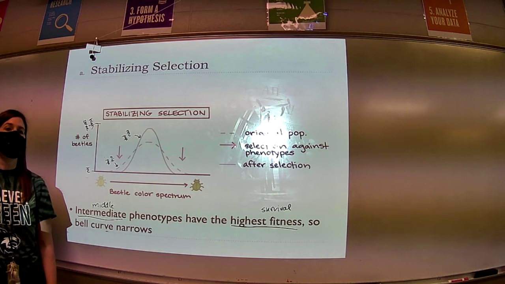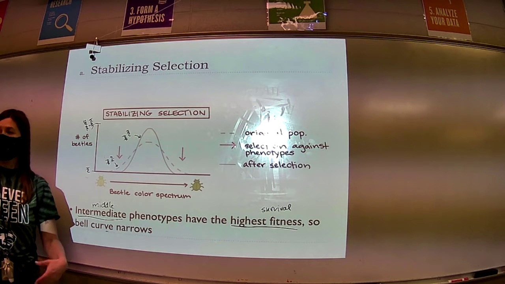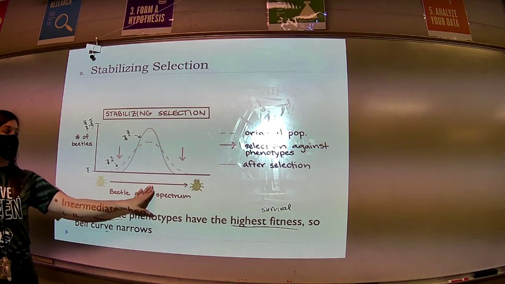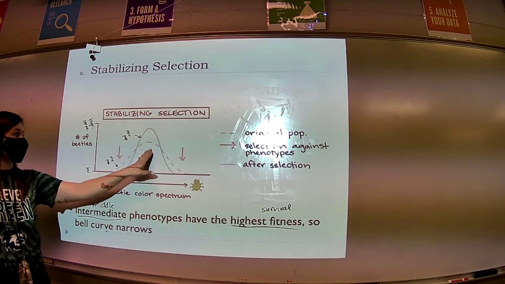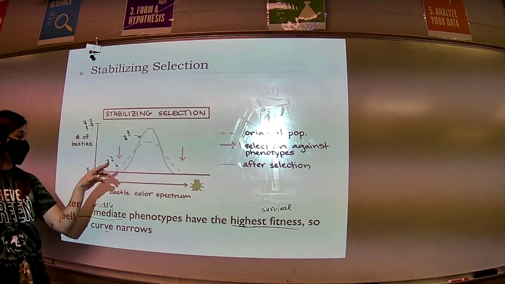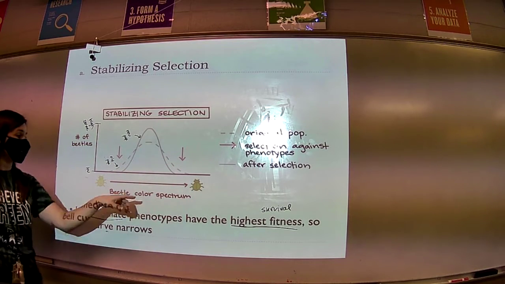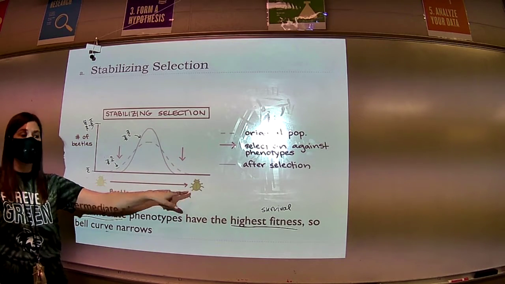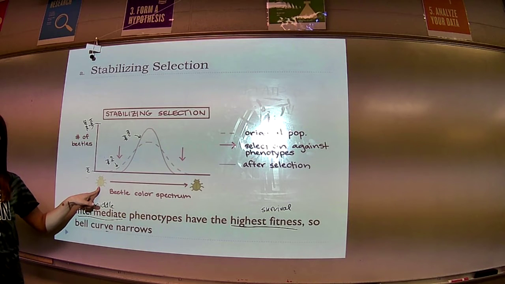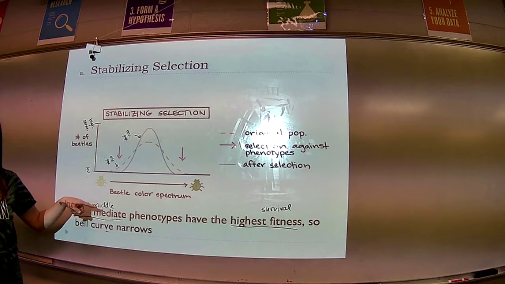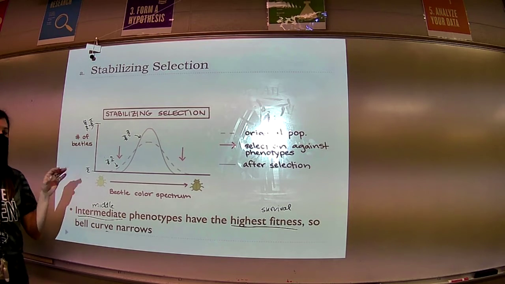The medium green beetles, right? So we're going to see their survivability go up, and we're going to see the extremes go down, because it's going to be easier for predators, like birds that eat them, to see a dark green beetle or a light green beetle. So this is stabilizing selection.